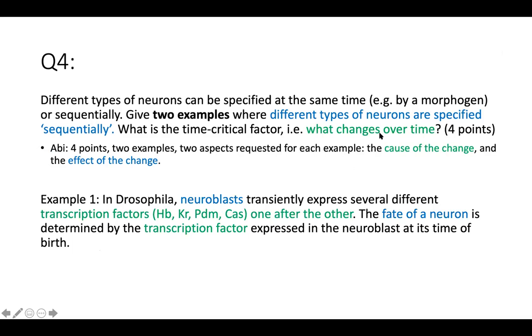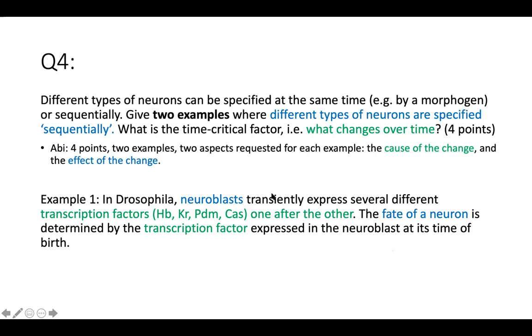So here's my answer for it. In Drosophila, neuroblasts transiently express several different transcription factors. Here they are, one after the other. And this is lifted from the slide. Look, I looked these up in the slide. The fate of a neuron is determined by which transcription factor is expressed in the neuroblast at the time of birth.